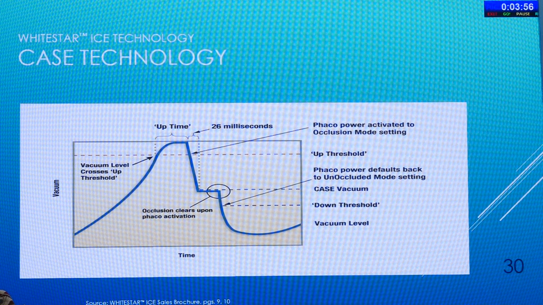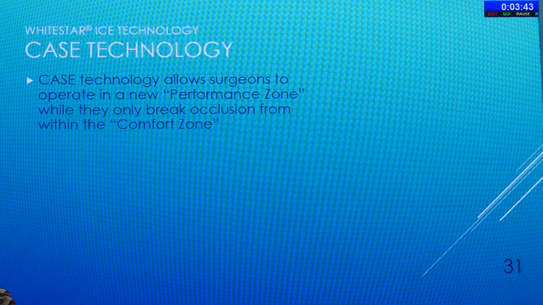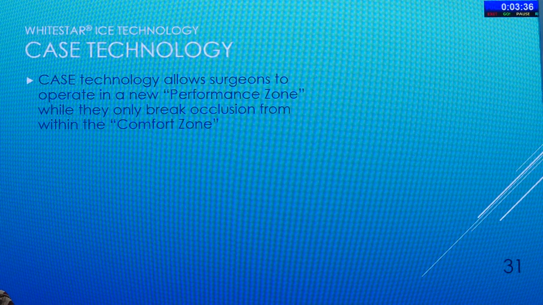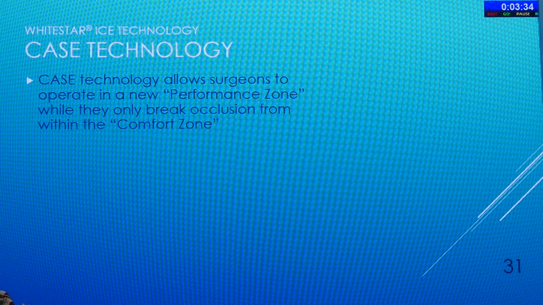The Phaco power is activated to occlusion mode settings, and then it defaults back to unoccluded mode settings, and there will be a down threshold of the vacuum, so there would be limitation of the surge. So basically CASE technology allows the surgeon to operate in a new performance zone while only breaking occlusion from within the comfort zone.